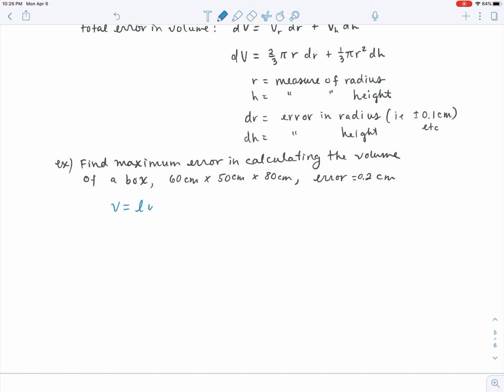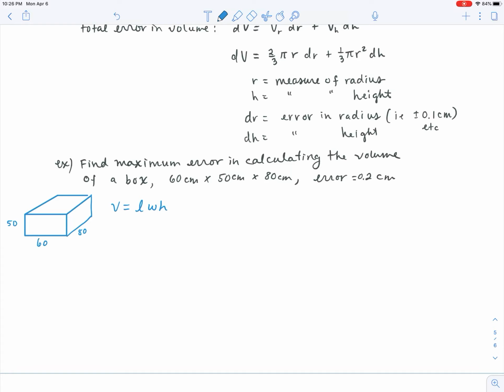The formula for volume of a rectangular solid is length times width times height. Here's a picture of our box. My box is sadly not to scale even a little bit, but pretend with me, if you will.